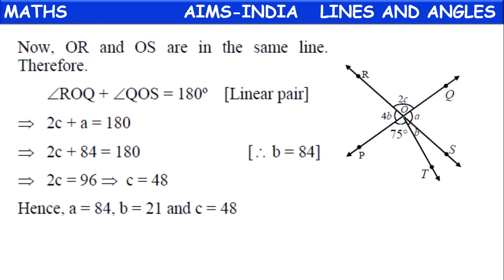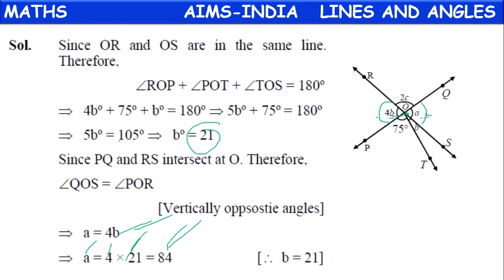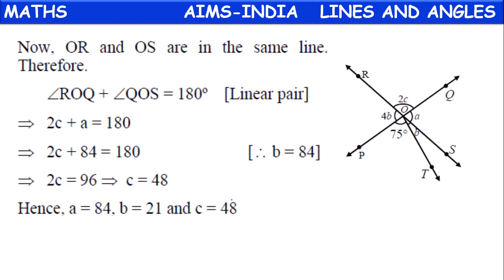So from this point, vertically opposite angles. Vertically opposite angles means these two. Or let's do another method. So already we have got B value, we have got A value. Now we have to find C value.